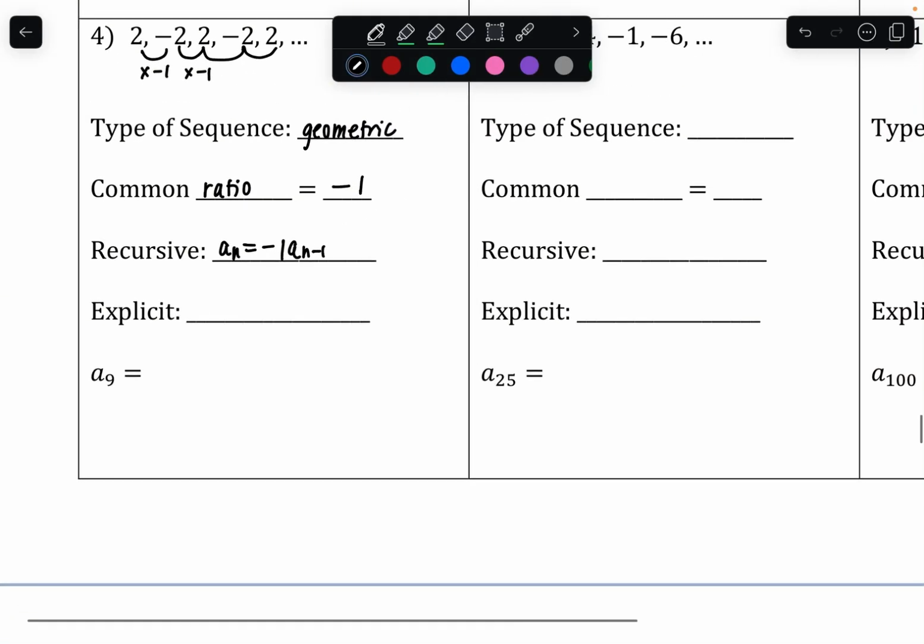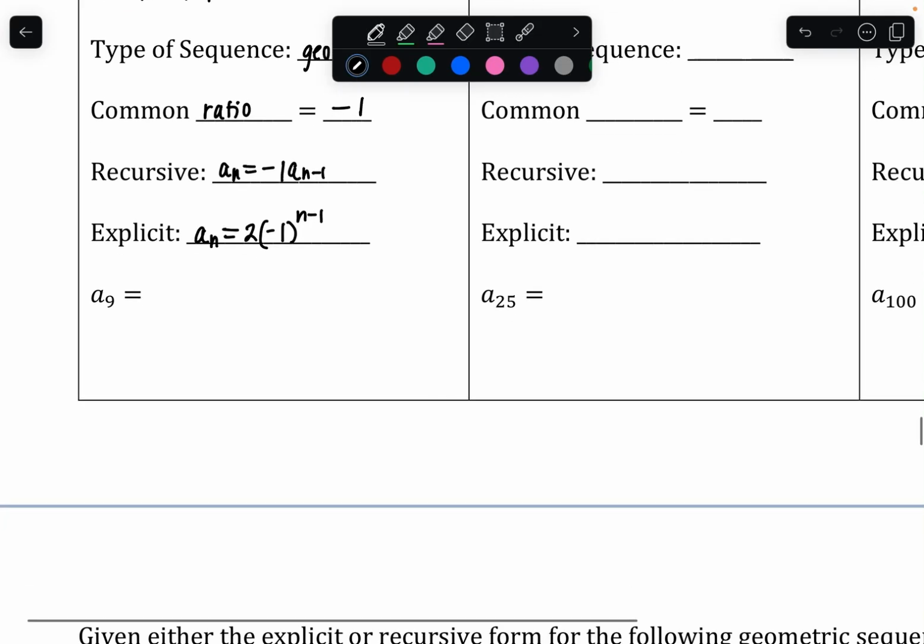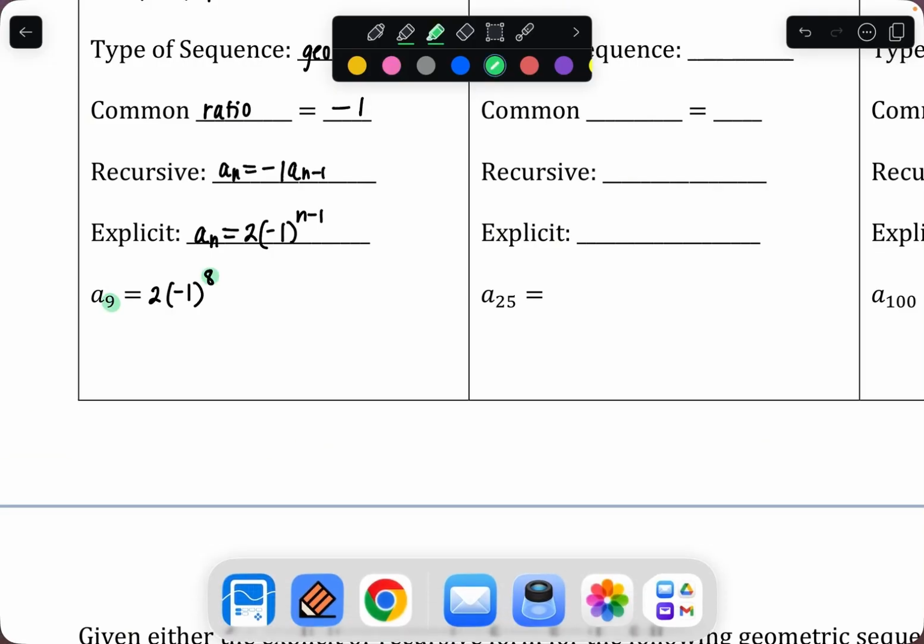All right, so for explicit notation, we take our first term, which in this case is 2, and we multiply it by -1, n minus 1 more times. Okay, and so for the 9th term, we take the 2 and multiply it by -1 8 times. Always 1 less than the term number, so you don't go too far.